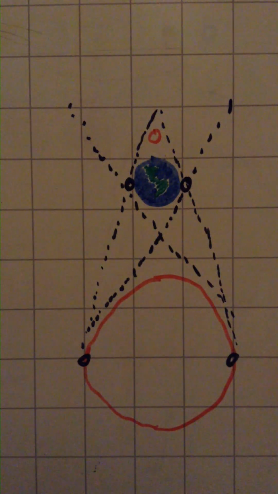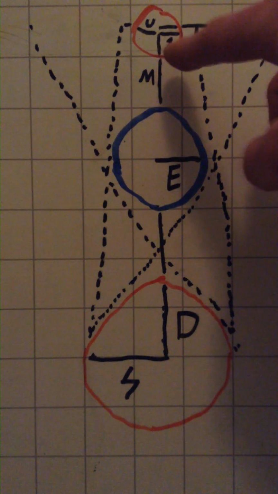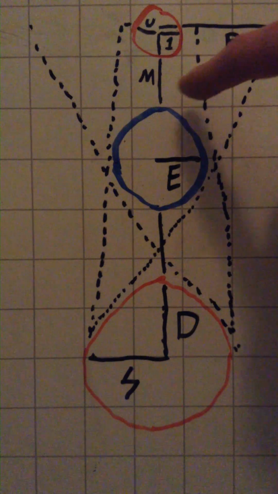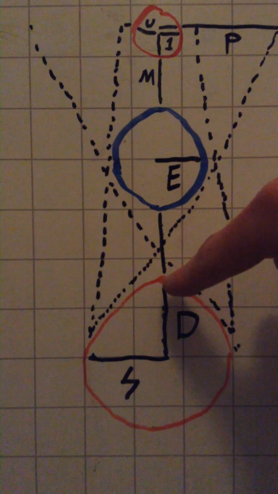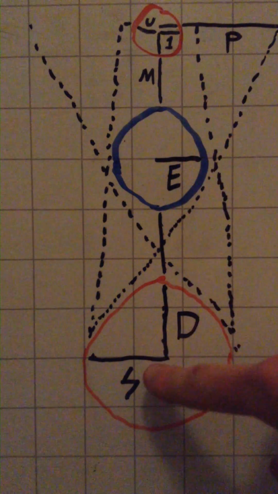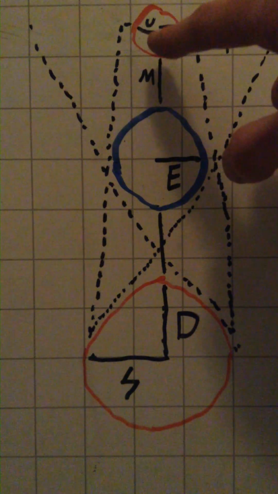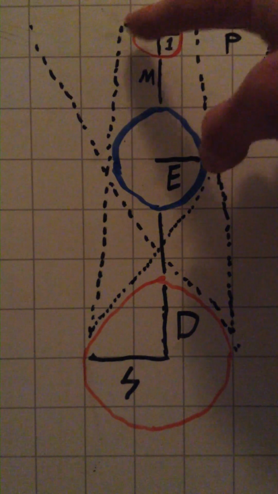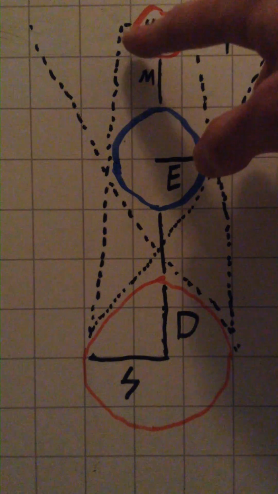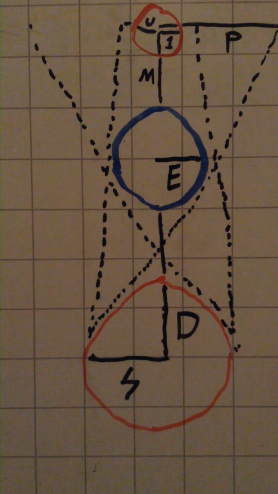And next, we're going to define some variables, which I will draw a diagram of. Again, the moon's radius will be our units. Distance to the moon, distance to the sun, Earth's radius, sun's radius, moon's radius is 1, the radius of the umbra, and the radius of the penumbra.